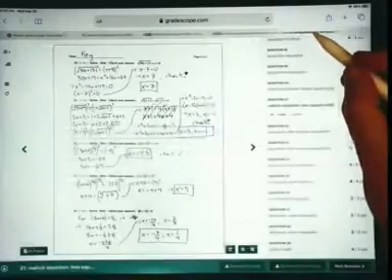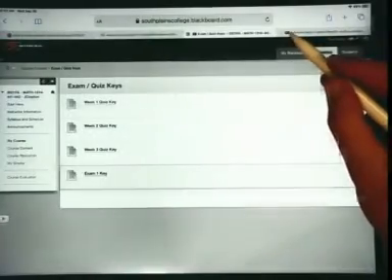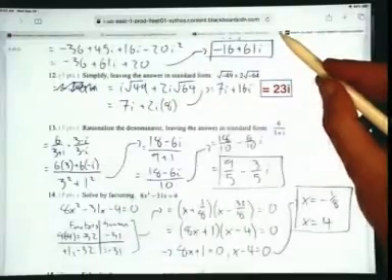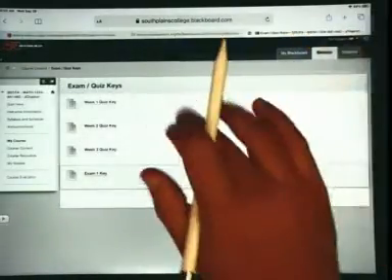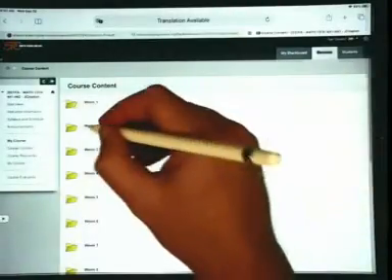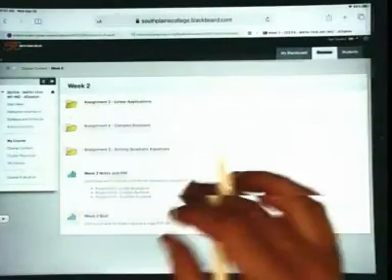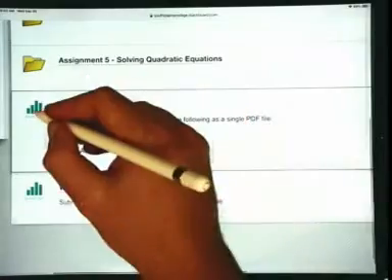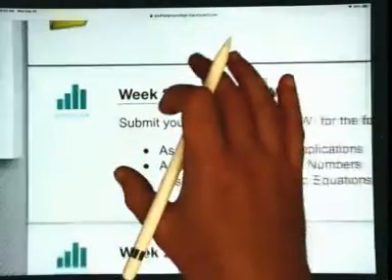So how do you get to your own exam? All you got to do is go to any of the links in the Gradescope. That's this link right here. It says Gradescope. Any of those will work.